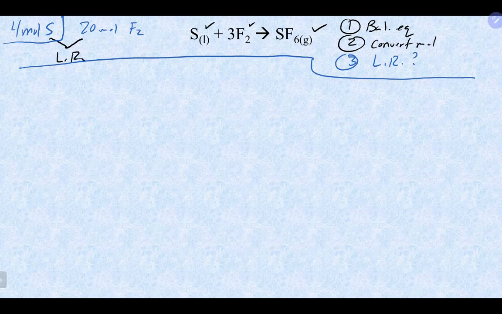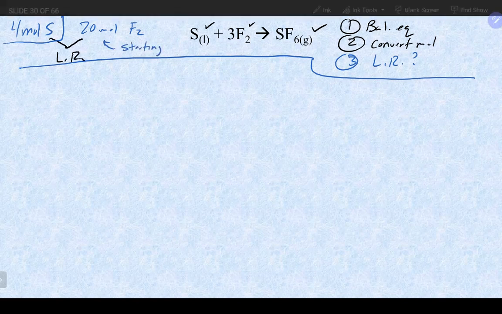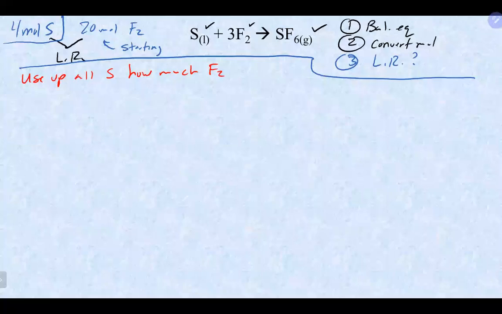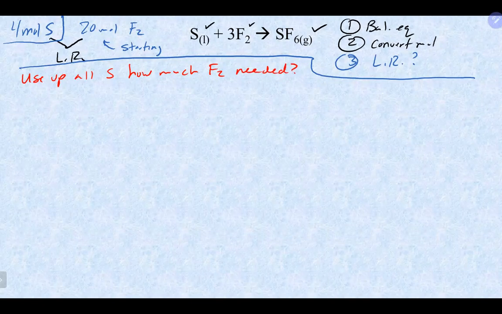These numbers up here are our starting amounts. So I'm going to do a calculation to figure out, if I want to use up all the sulfur, how much F2 is needed. This is going to tell me which one's the limiting reagent.